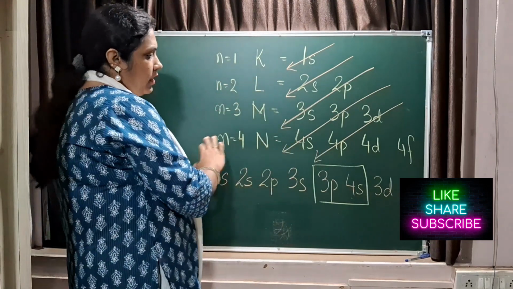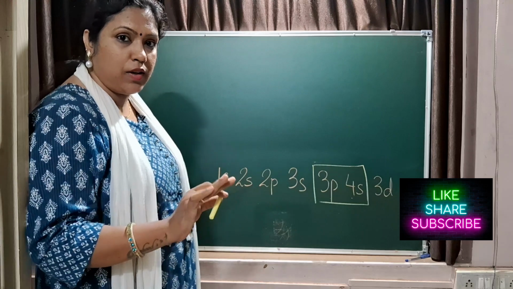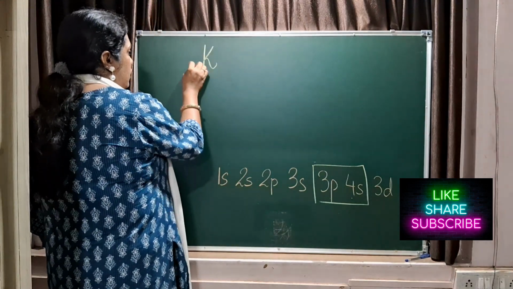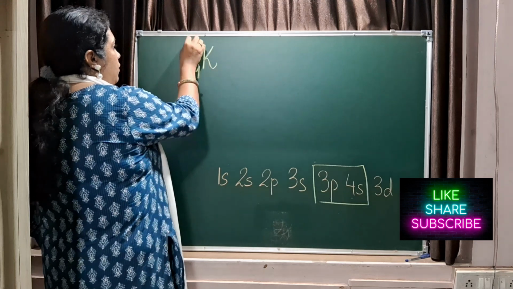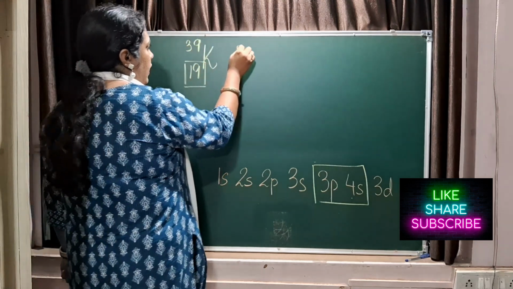I will just erase the board. I have not rubbed this because I wanted you to calculate the number of electrons. Now, see, potassium has 19 electrons.